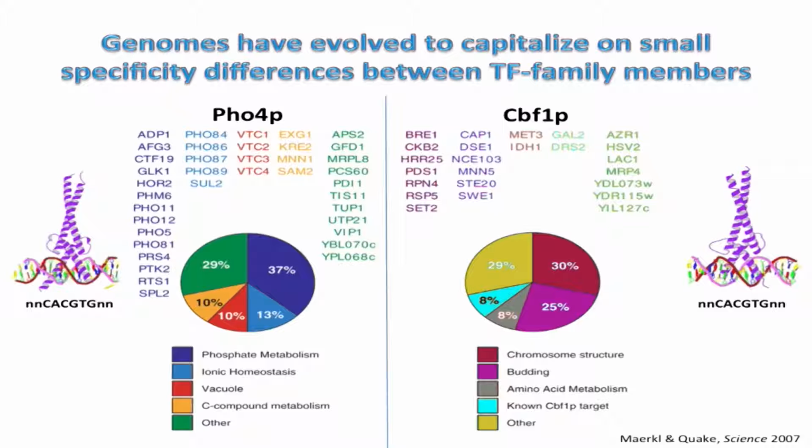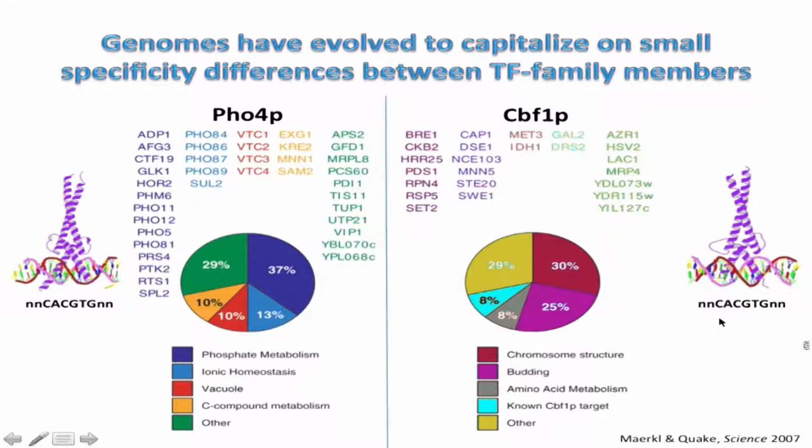The E-box motif has this central CACGTG hexamer core, right? And then you have these variable flanks on the two sides. And it's just the variation on the flanks that differentiates the specificity. So FO4 prefers some flanks, while CBF1 prefers other flanks.